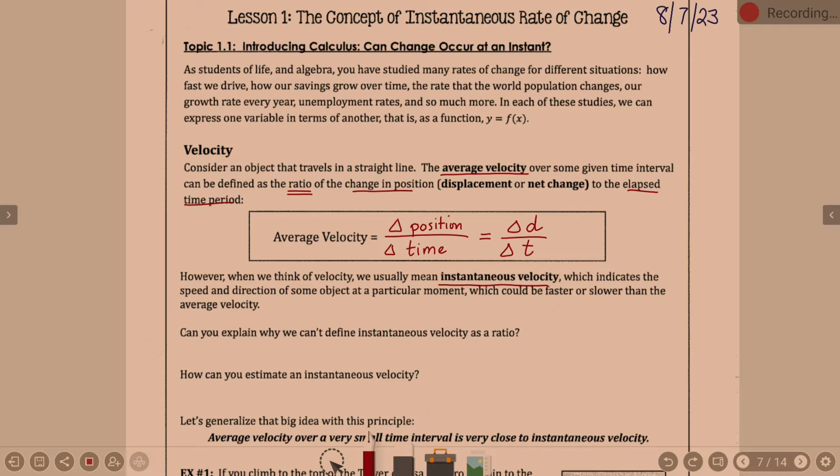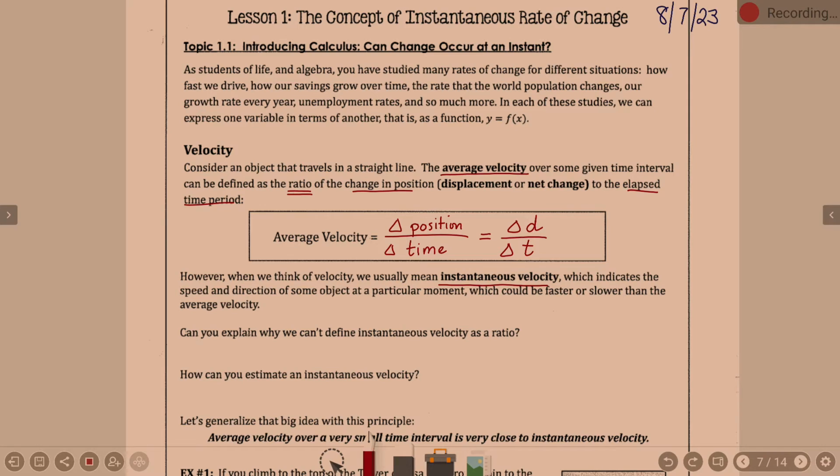Think about this. Can you explain why we can't define instantaneous velocity as a ratio? At a specific time, it would be a certain amount there. Think about how we find velocity.